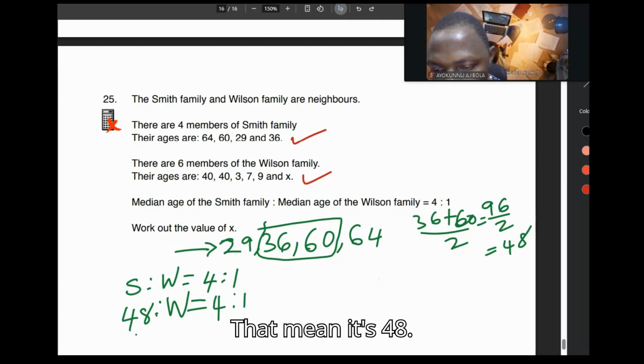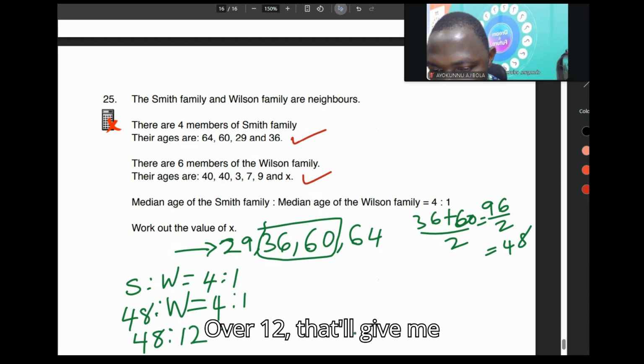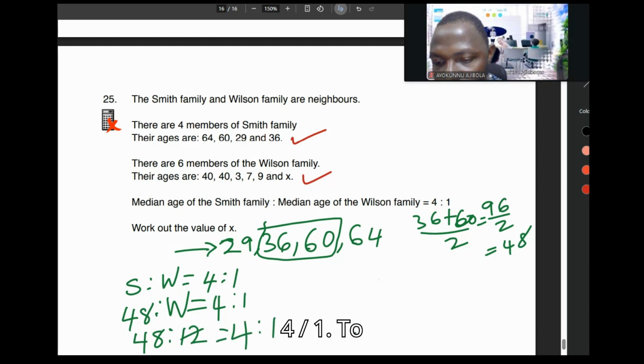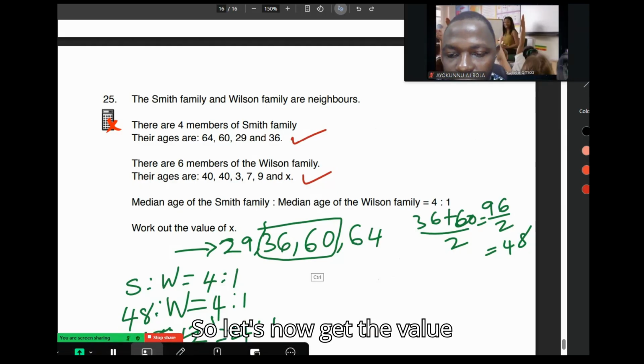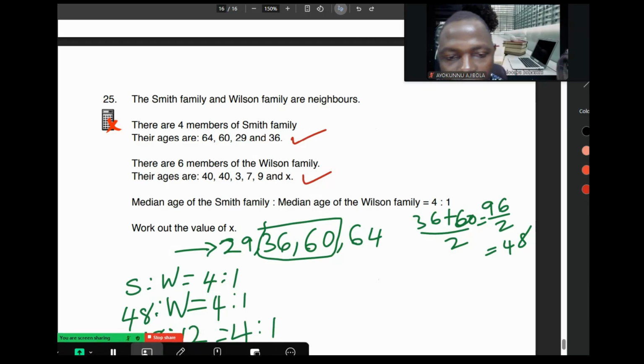That means it's 48 over 12. That'll give me 4 over 1. 12 here, 1. 12 here, 4. So let's now get the value of x for that one.